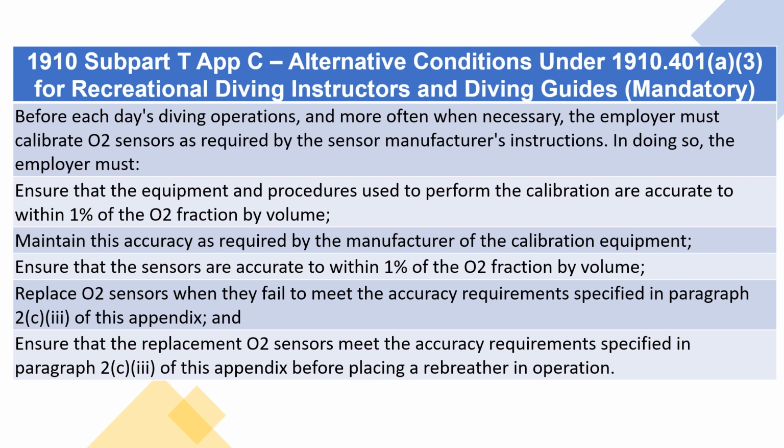Replace O2 sensors when they fail to meet the accuracy requirements specified in paragraph 2C3 of this appendix, and ensure that the replacement O2 sensors meet the accuracy requirements specified in paragraph 2C3 of this appendix before placing a rebreather in operation.